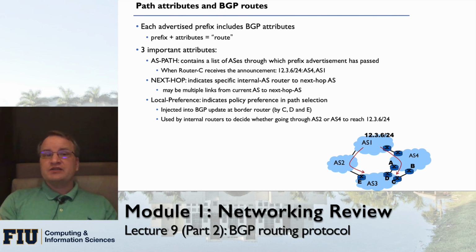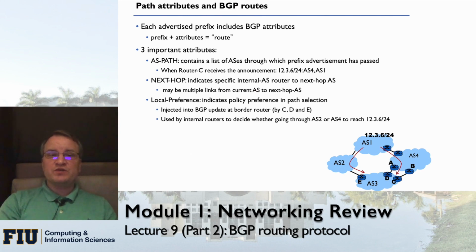Then there is a concept of next hop, and you have to have this next hop because the AS path doesn't really define a router. In OSPF and RIP, it was network and router, network and router. Here we're talking about AS numbers, so there still has to be an ability to know where you're supposed to forward. That's the next hop business.